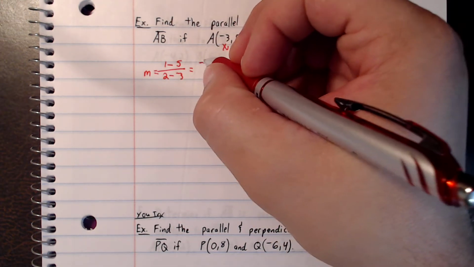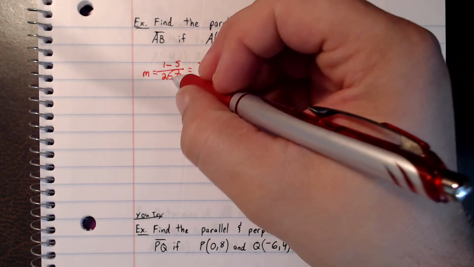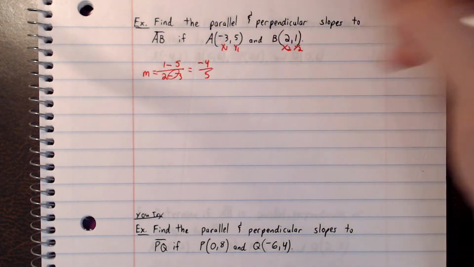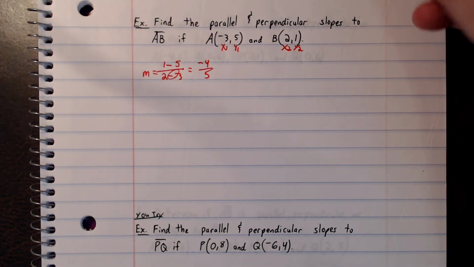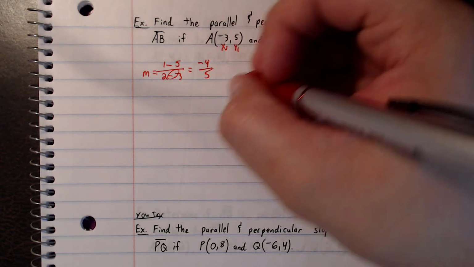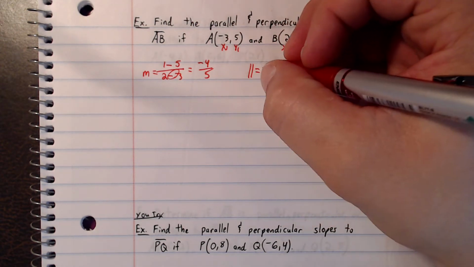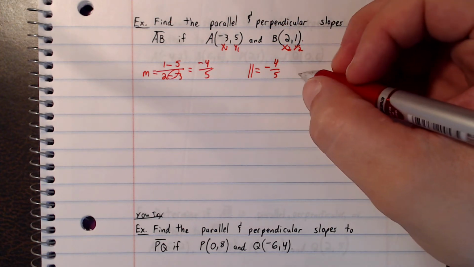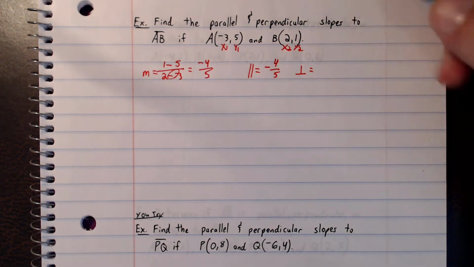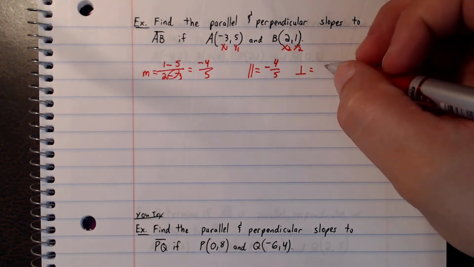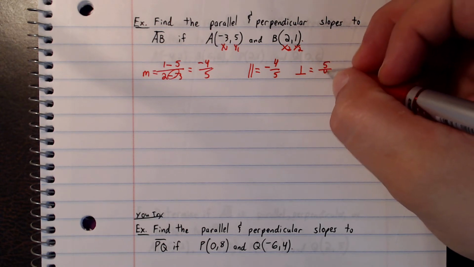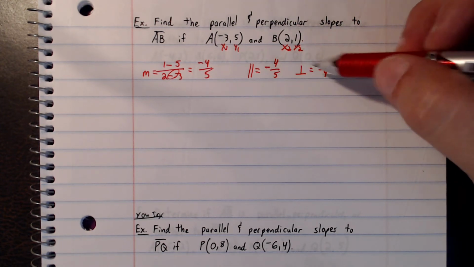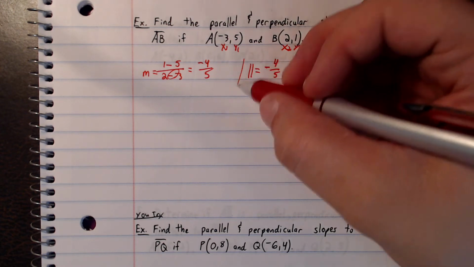Here, that gives us -4. Double negative becomes addition. So that's -4 over 5. So, for parallel, has to be the same. For perpendicular, needs to be flipped, which is the reciprocal, and then opposite sign, so negative, keep this one positive.